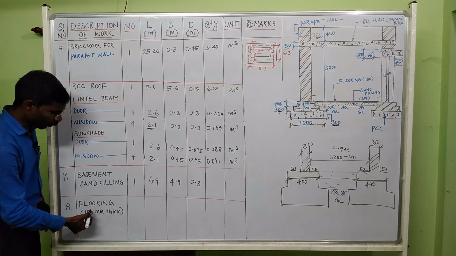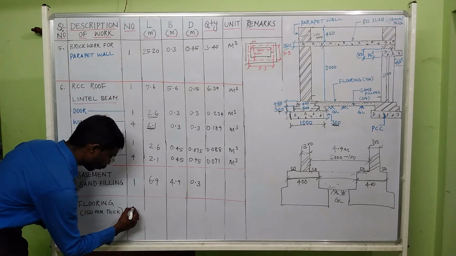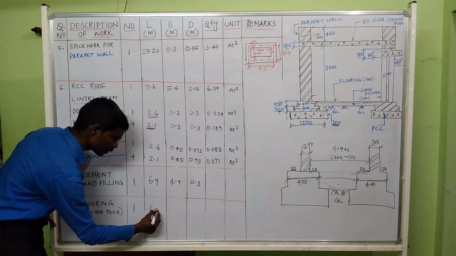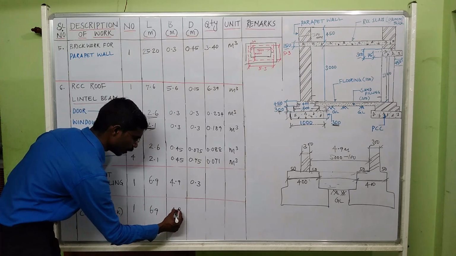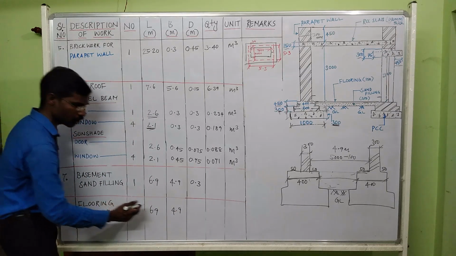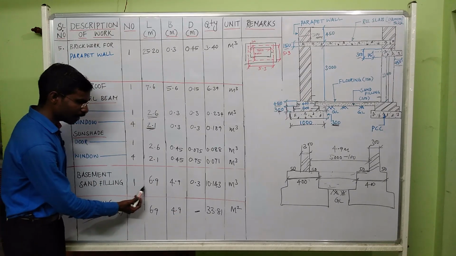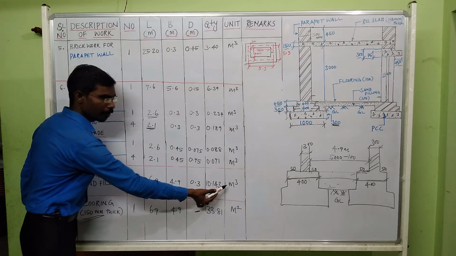Same like that, flooring has 150 mm thickness. There is only one flooring. The length of the flooring is 6.9. The breadth of the flooring is 4.9. The thickness of flooring, we should not mention here. For basement sand filling, multiply these values, you will get 10.143 m cube.